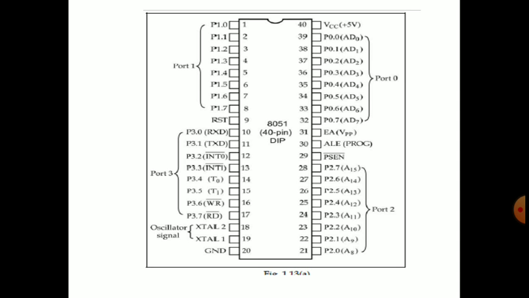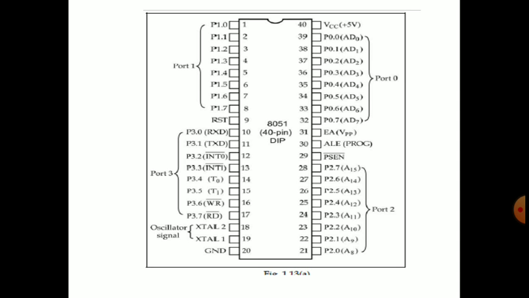If we connect external memory, then to access that external memory and to write into it, we should connect these pins to that memory. If a particular application is satisfied by the on-chip 128 bytes of RAM and 4 kilobytes of ROM, then we don't need to connect external memory.